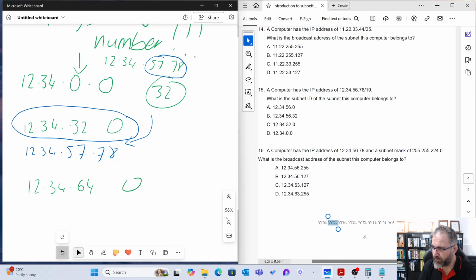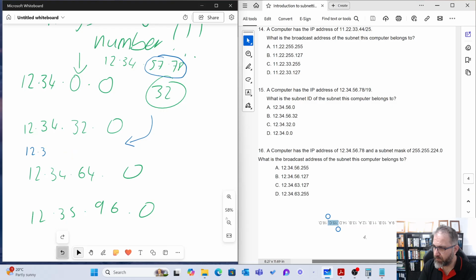Actually, you know what I might do? Yeah, I'll get rid of that. Doesn't want to move. Okay, it doesn't matter. We've got enough space here.